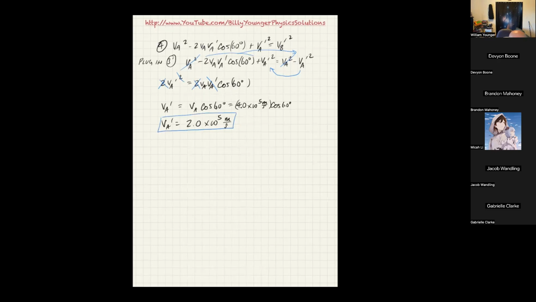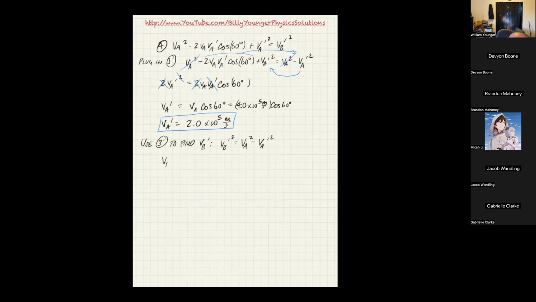Now I can also use equation 3 prime to find VB prime. So what I know is VB prime squared is equal to VA squared minus VA prime squared.